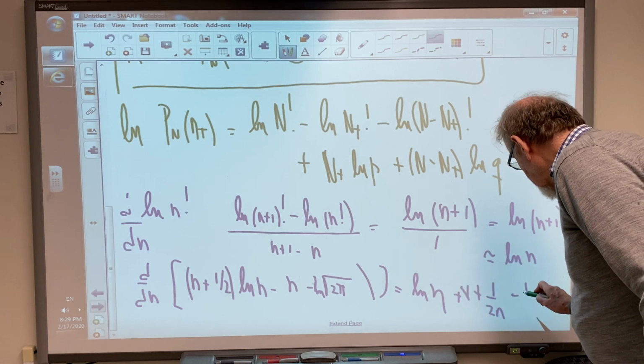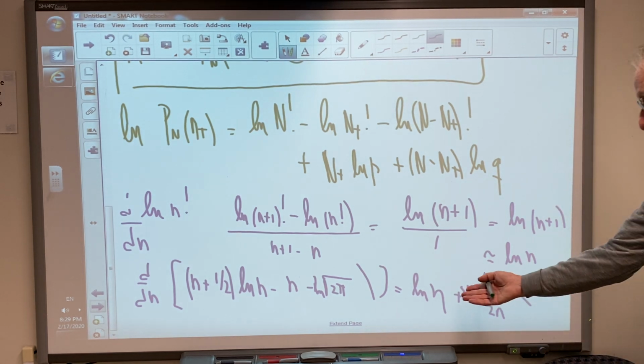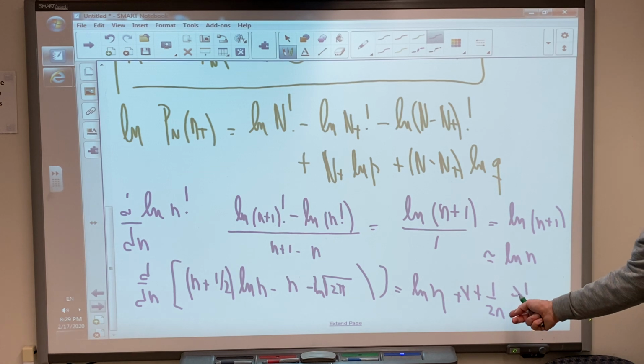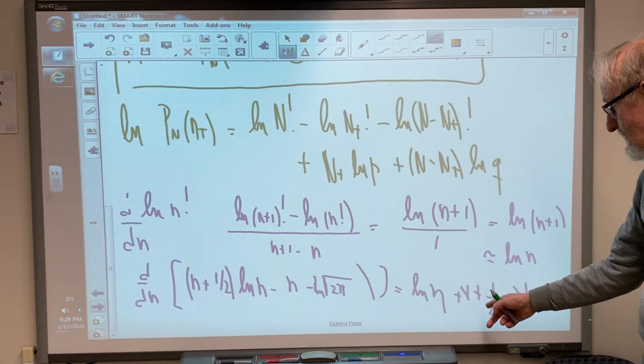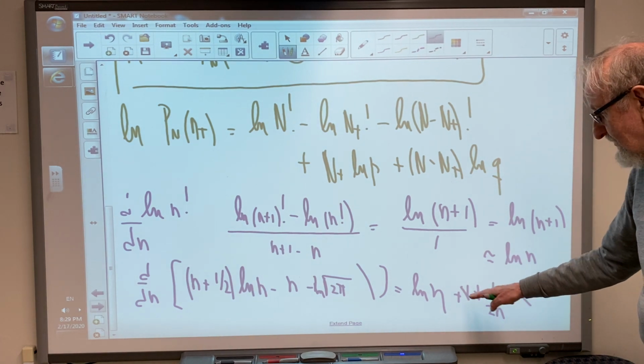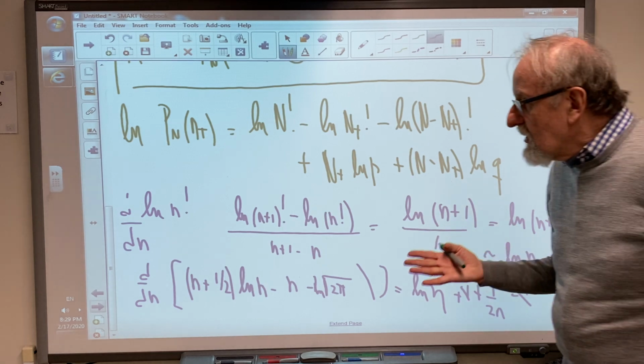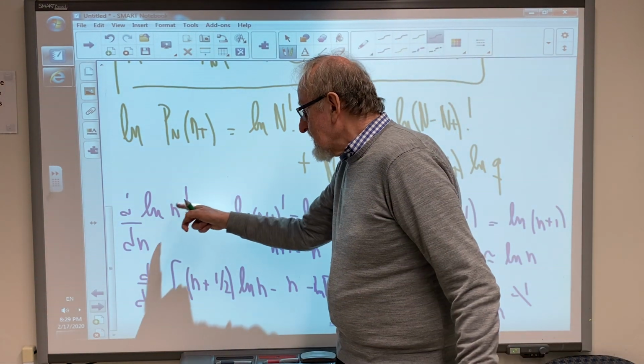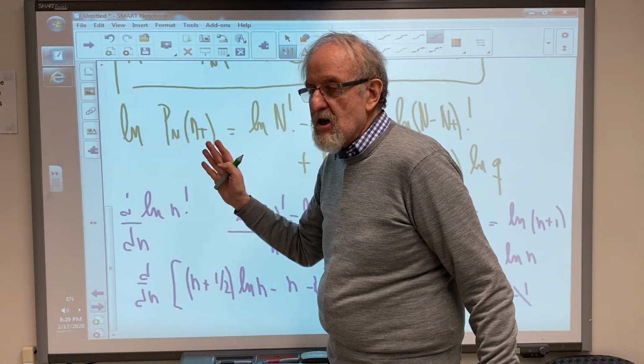So the 1 and 1 cancel, and what do you get? Ln n. Again, ln n plus a very small number. You understand that n is 10 to the 23, and so this is 1 over 10 to the 23, so I can forget it. So, moral of the story, the derivative of ln n factorial is just ln n.